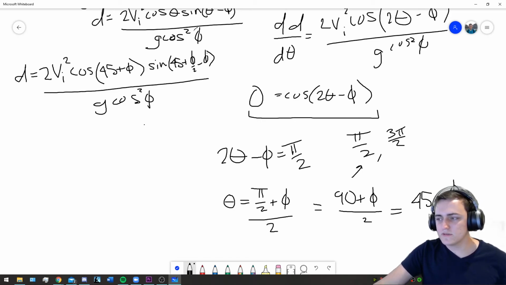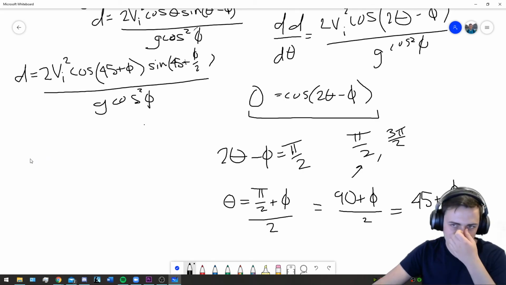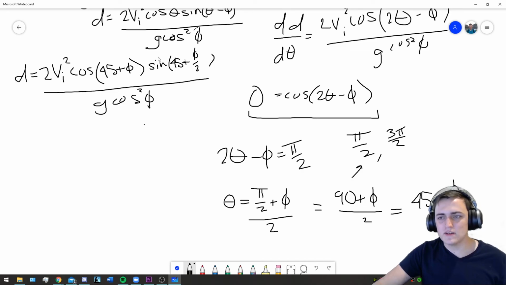So taking this expression, which of course we've changed just a little bit, we've got that division by 2. We plug that back into our original equation and simplify a little bit. We know that plus phi over 2 minus phi is going to give us a negative phi over 2. And cosine of 45 plus phi over 2 times sine of 45 minus phi over 2 can be simplified to 1 minus sine of phi.